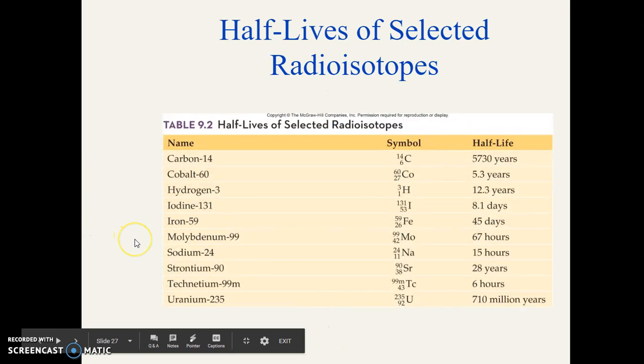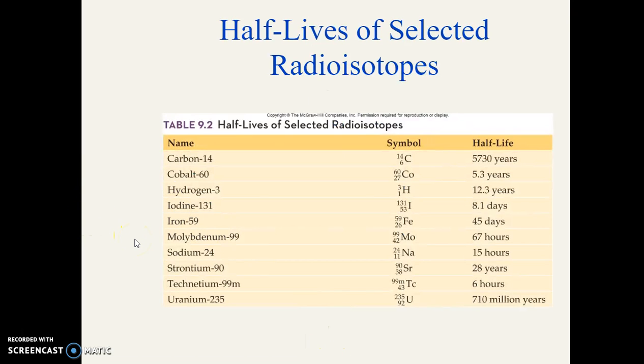So here's a table showing some common radioactive elements with their half-lives. Carbon-14, that's the one we use for radiocarbon dating, is 5,730 years. So for carbon-14 to go through beta decay, it takes 5,730 years for half of a sample to decay. If I had 100 grams, it would take 5,730 years to become 50 grams.